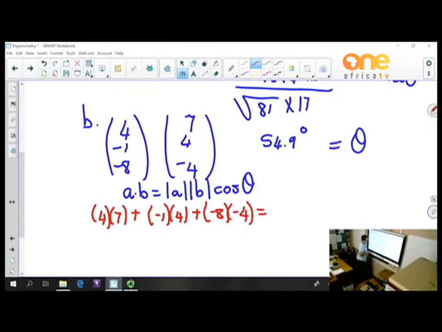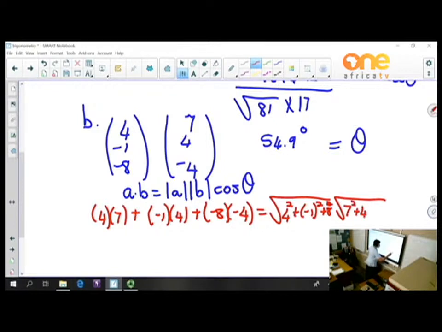now when we get the magnitude, you work with one column vector. So this is going to be 4 squared plus negative 1 squared plus 8 squared times the second vector, 7 squared plus 4 squared plus negative 4 squared, cosine theta.